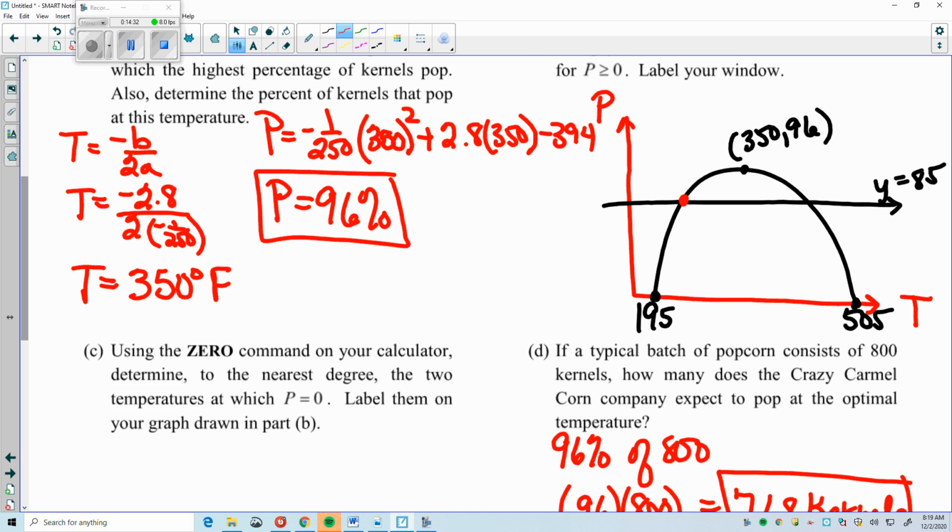Right here, these are our two points of intersection that we found. And so the coordinate we had was 298, 85. And then over here, we had 402, 85. And so not only are these two points acceptable, but anywhere in this range of our graph would be our solution.